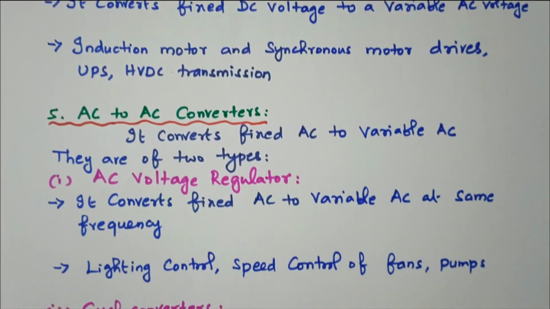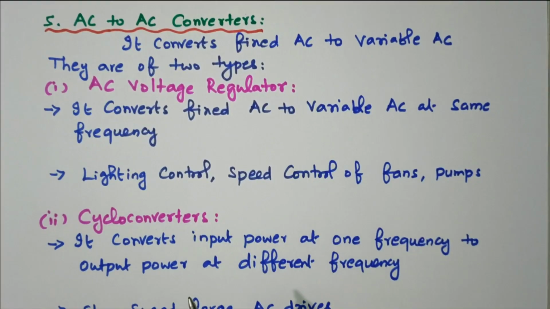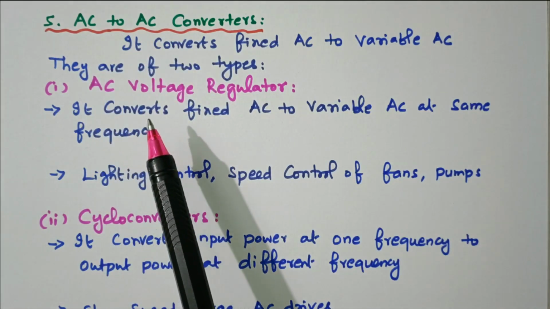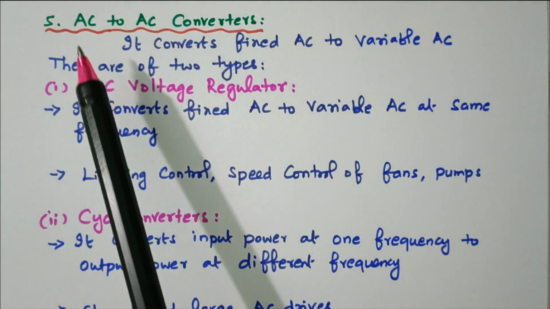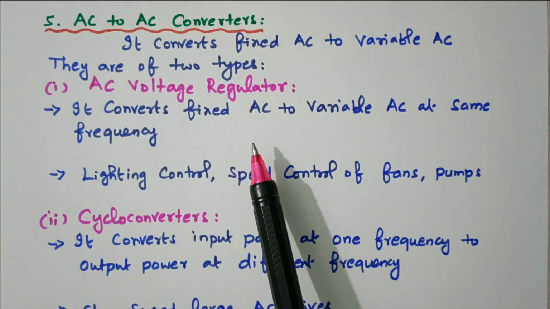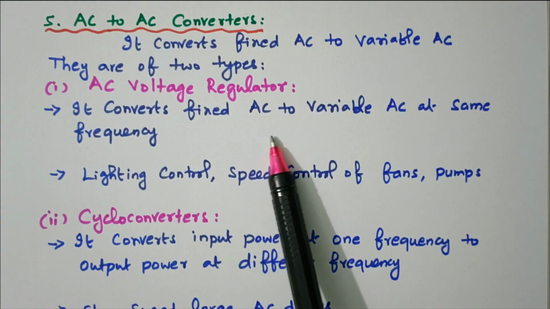We'll go to the fifth type, AC to AC converters. We discussed DC to AC inverter, AC to DC rectifier, DC to DC chopper. Then we have AC to AC converter. While dealing with AC, we have two parameters, magnitude and frequency. In the case of DC, we have only magnitude. For the given time, the magnitude is constant.